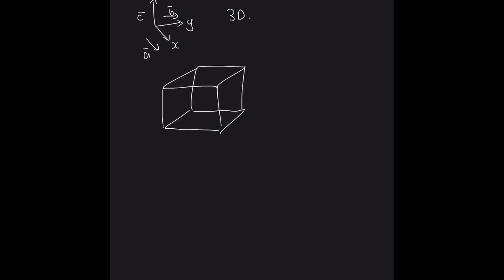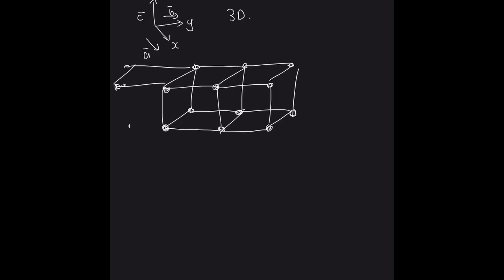So for example, if we have something like this, then you will have dots here, here, here, here, here, as well as in front. Well, you get the idea.